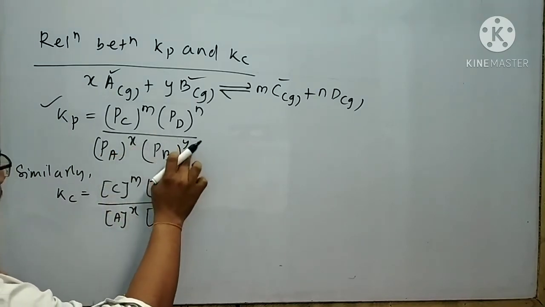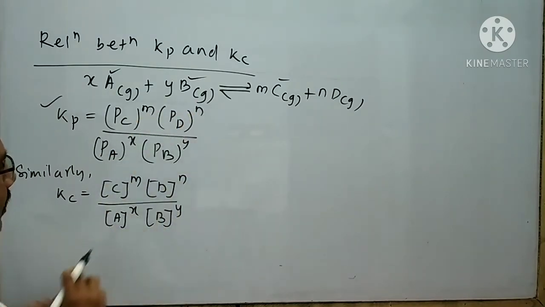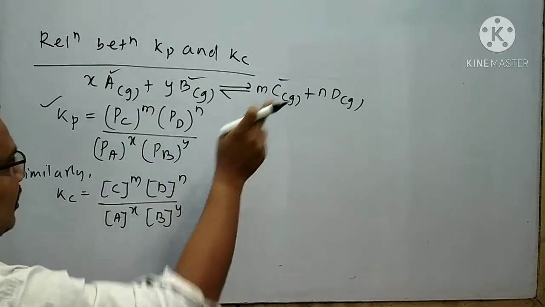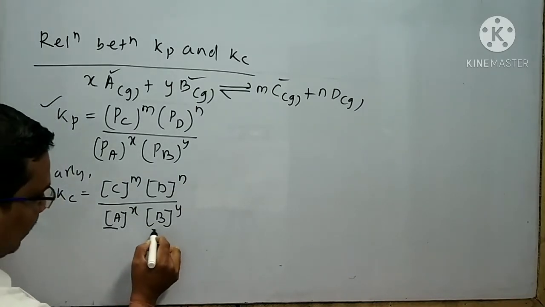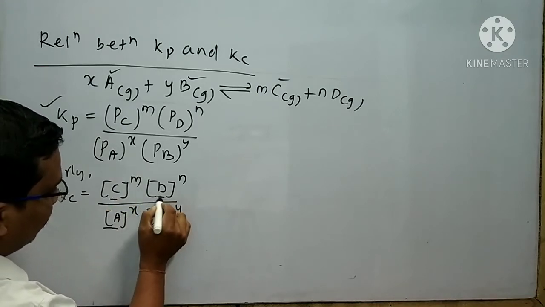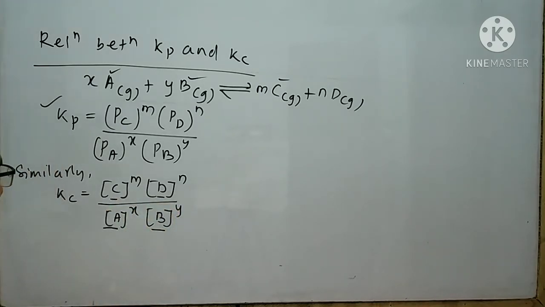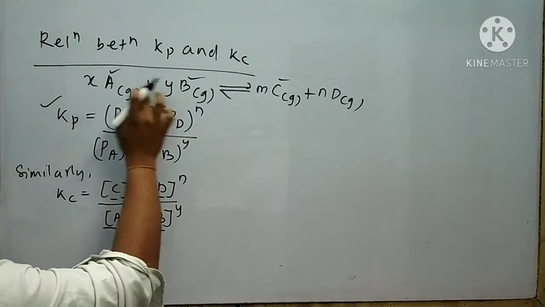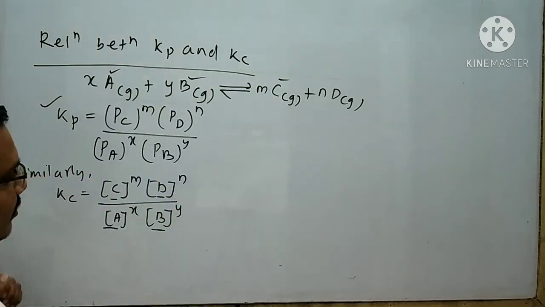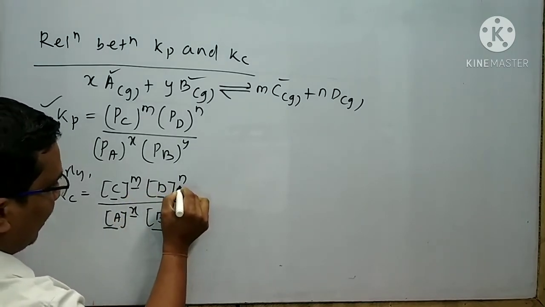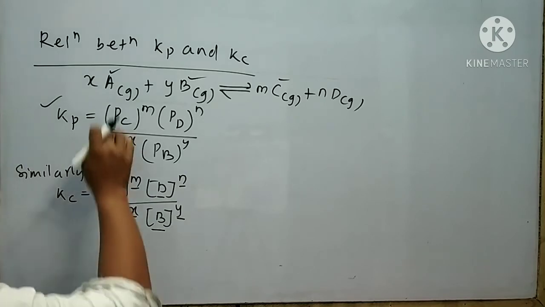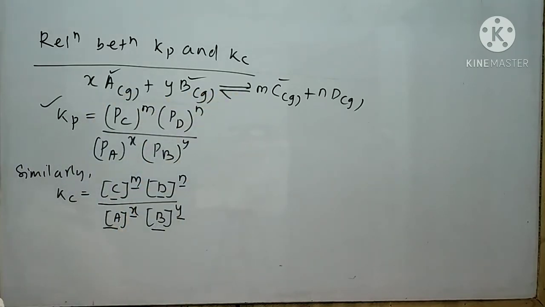Similarly, X, Y, M and N are the coefficients of A, B, C and D respectively. Here these terms are the molar concentrations of A, B, C and D respectively.